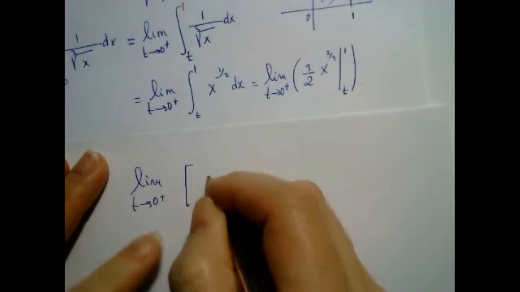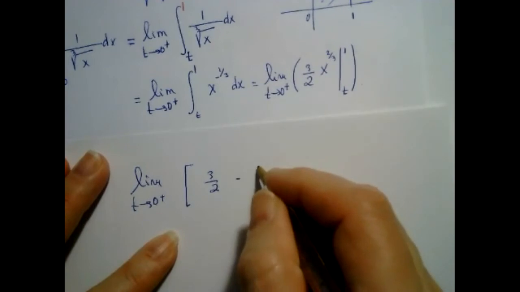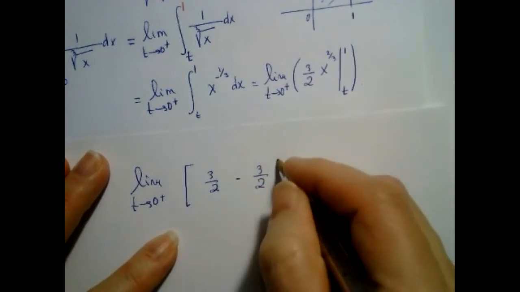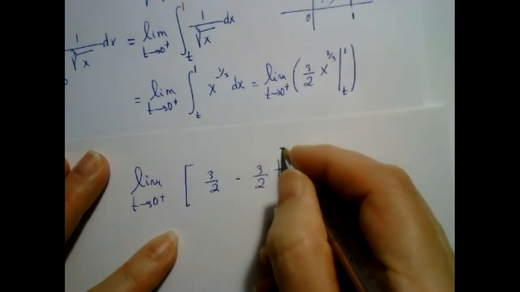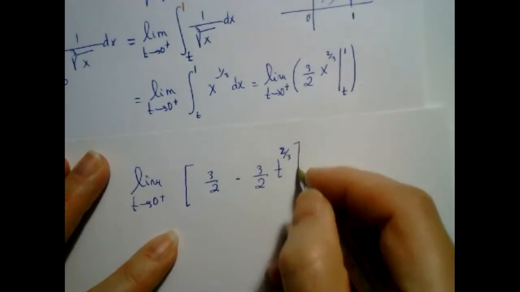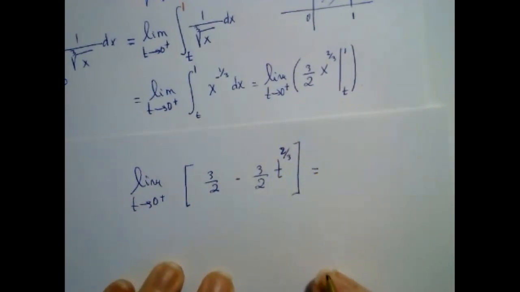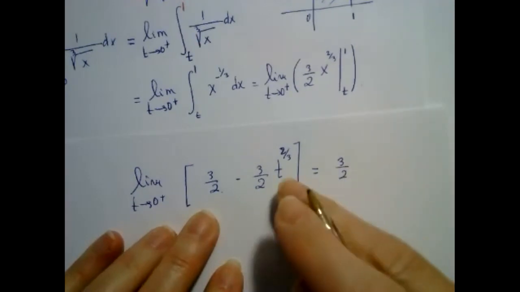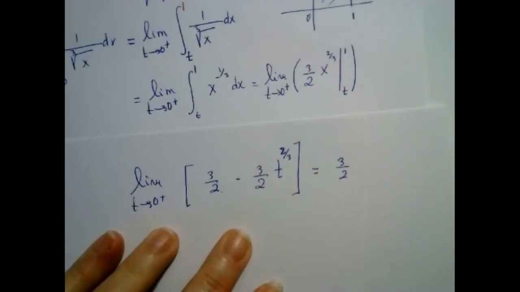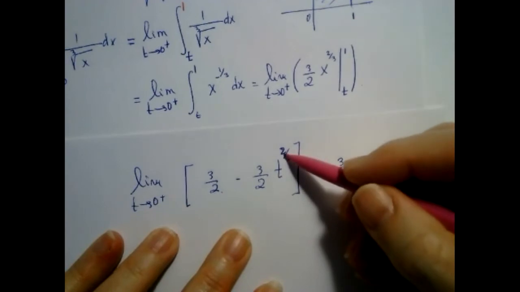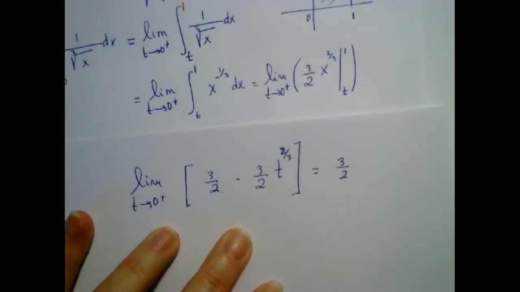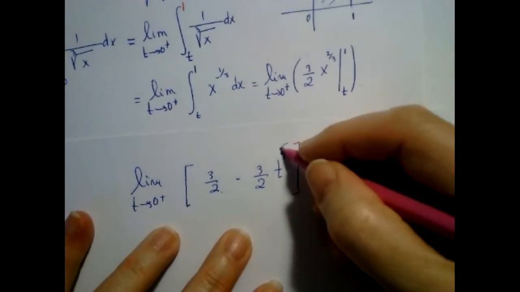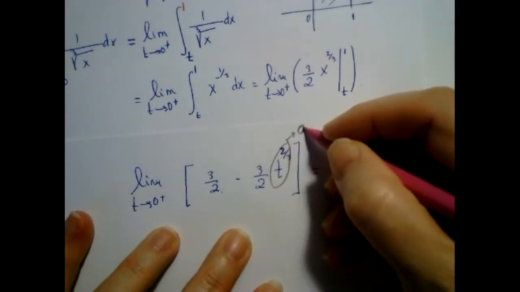3/2 at the upper limit is 1 minus 3/2 at the lower limit is t to the power 2/3. So now what's going to be the limit? As t goes to 0, that's a constant, remaining constant. When I start taking values of t closer and closer to 0, t to the power 2/3, remember 2/3 is a positive power, so this will also go to 0.